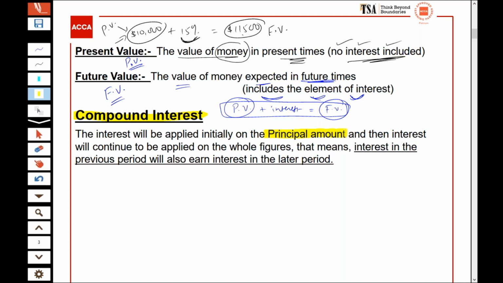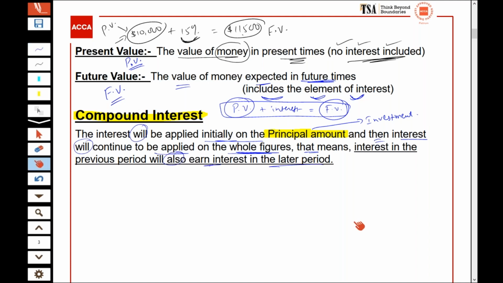The principal amount is basically referring to your investment. Then interest will continue to be applied on the whole figure. That means interest in the previous period will also earn interest in the later period.